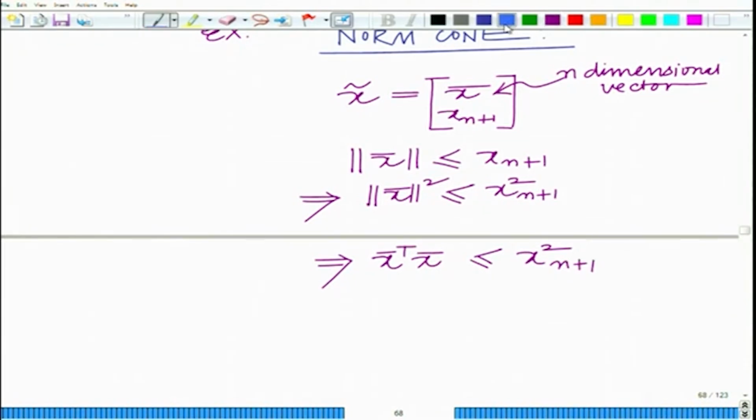Because remember, norm x bar squared is simply x bar transpose x bar. This is an alternative representation of the norm cone.